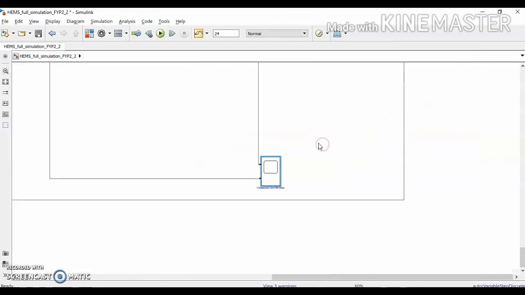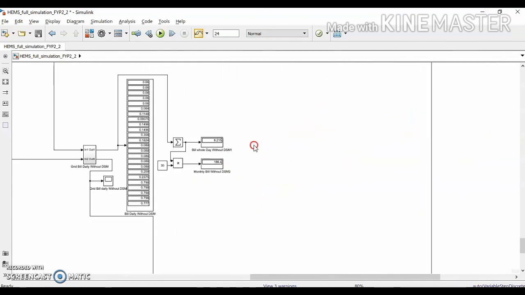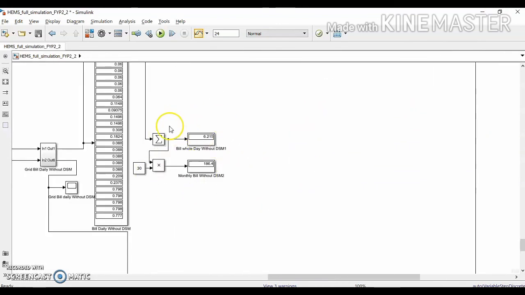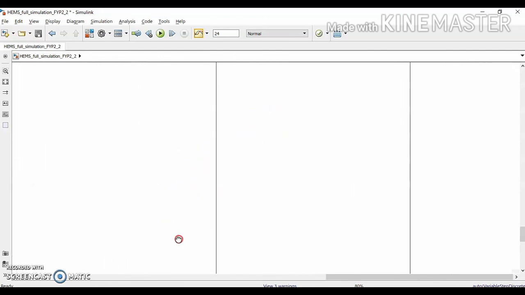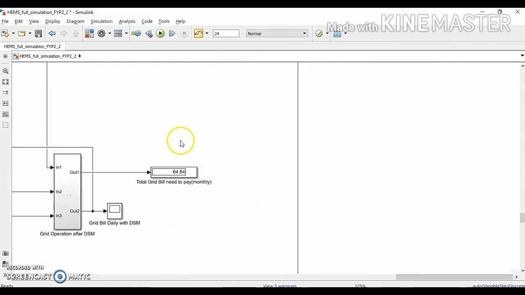Before we implement the double layer, the bill is 166 ringgit 40 cents, but after we implement it, we only need to pay 64 ringgit and 84 cents.